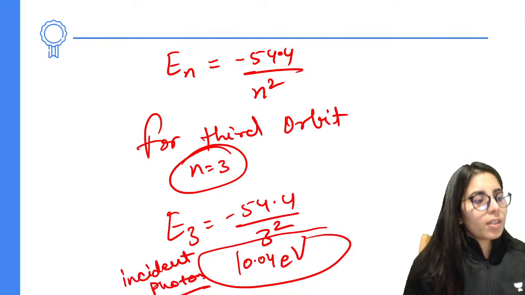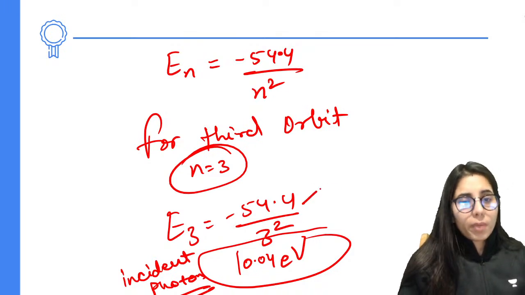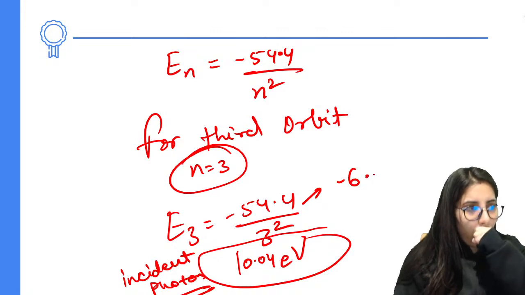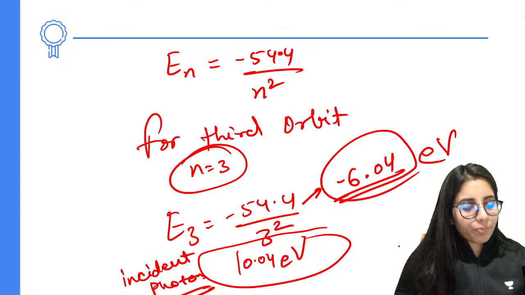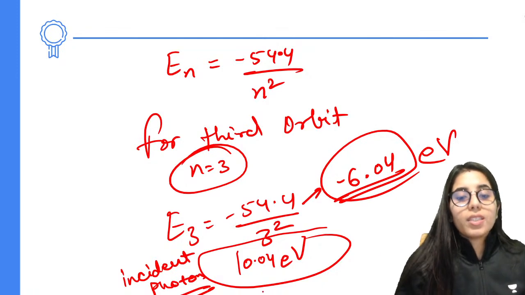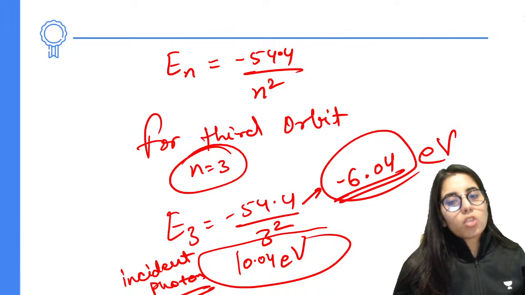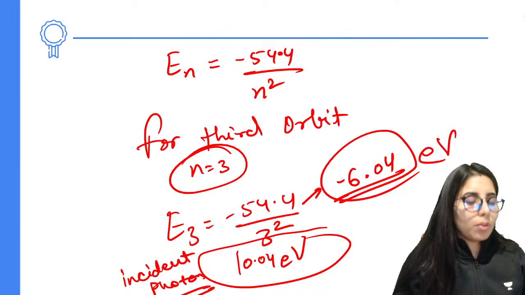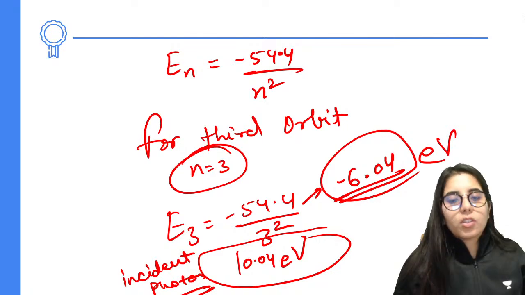Now for the ejected electron, if you have to find the energy, from here you are getting minus 6.04 electron volts. So for the ejected electron, it will be 10.04 minus 6.04, and that's how you will reach the final answer.